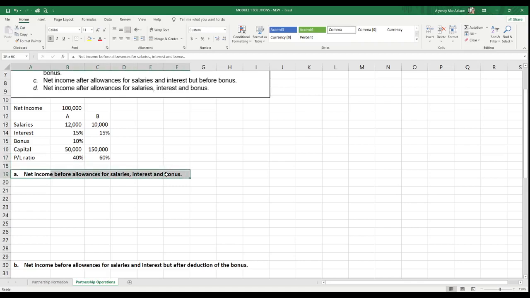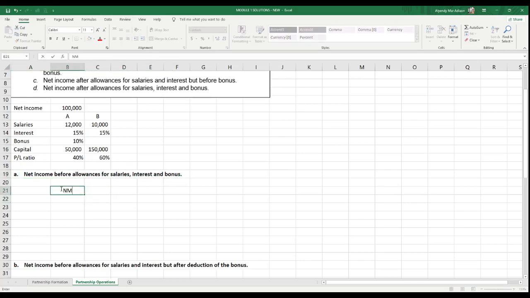For the first one, we have net income before allowances for salaries, interest, and bonus. So what does it mean? It means the net income before the deduction of the salaries, interest, and bonus. So what you are going to do is simply multiply it directly to our net income. Meaning, net income with no deduction for the salaries, interest, and bonus.